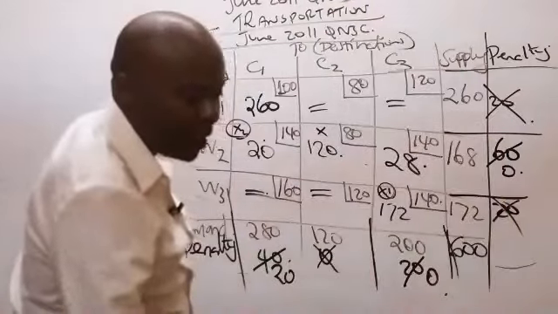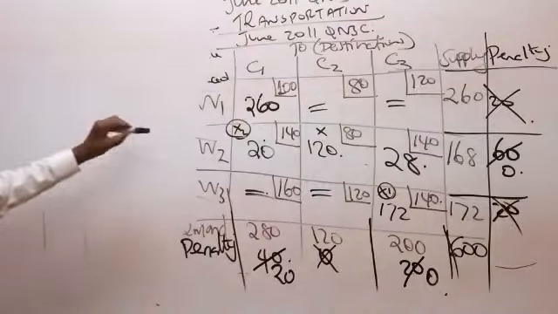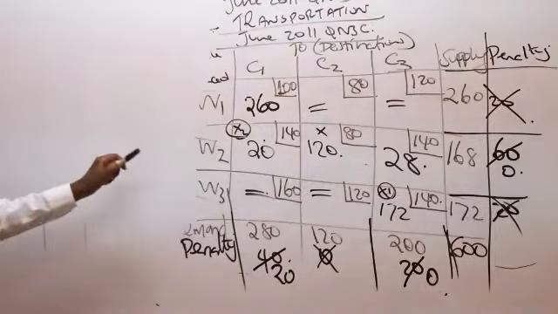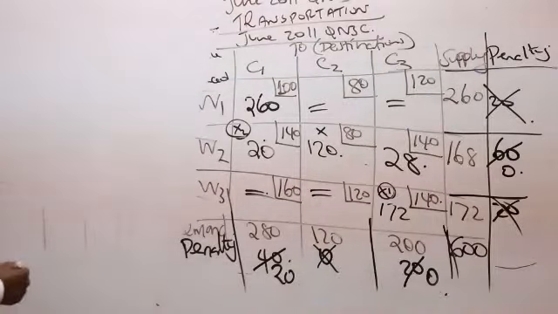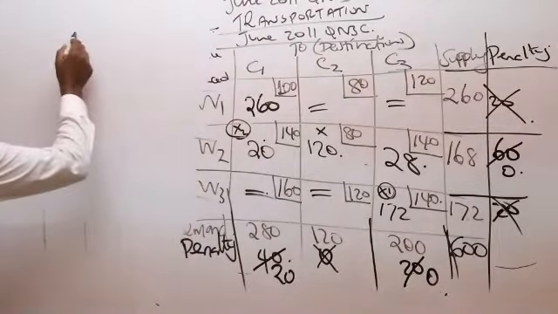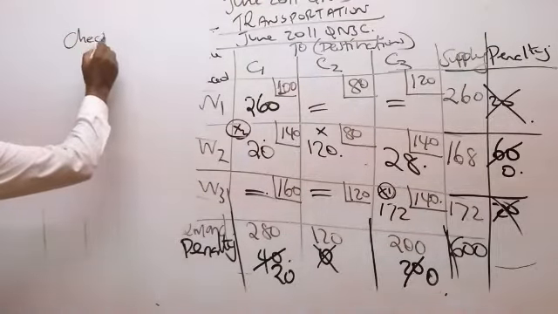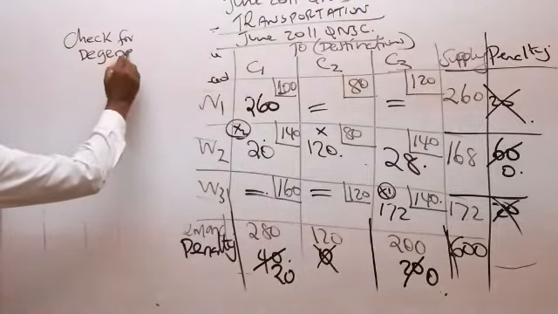I have been able to do the initial allocations using what we call the Vogel's approximation method. Once I finish doing the allocations, the next step, ladies and gentlemen, will be to check for degeneracy.